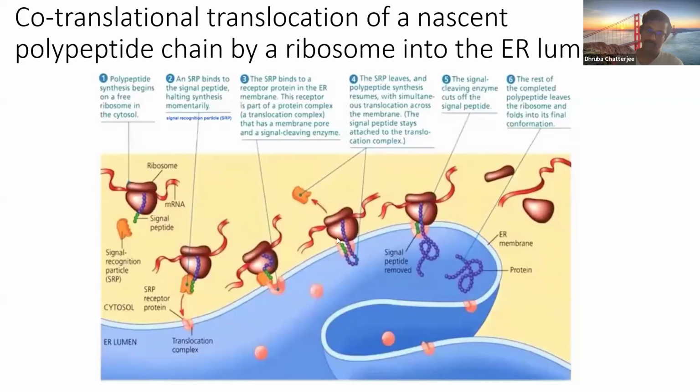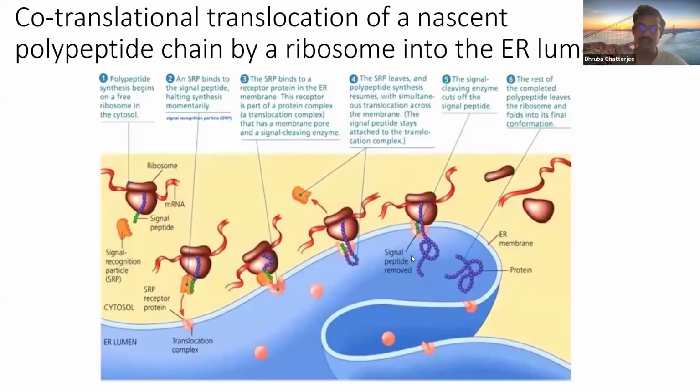When this ribosome complex is installed on the SRP receptor protein, the transmembrane channel protein of the ER membrane, then translation resumes. As the nascent polypeptide chain is further synthesized, more and more amino acid residues are being synthesized, it is driven into the endoplasmic reticulum membrane. And gradually this signal peptide, whose function is already done, is cleaved by specific peptidases which recognize the signal peptide and cleave it, right?